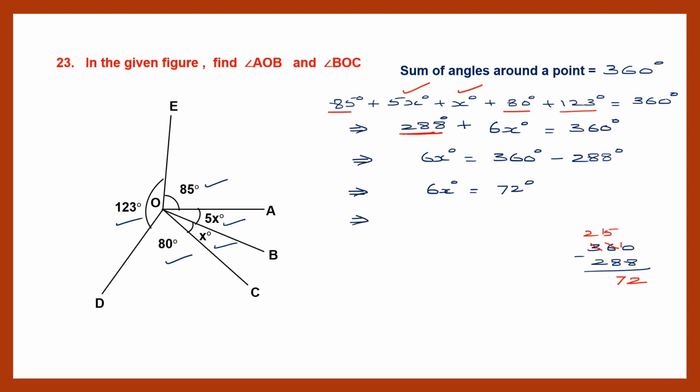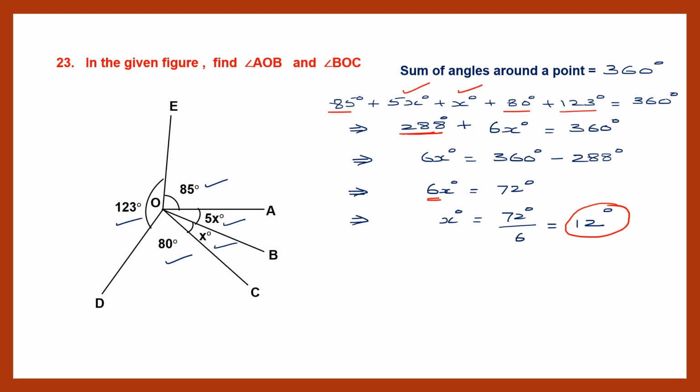That means the value of x degrees will be 72 degrees divided by 6, because we are transposing this 6 from the left hand side. It's multiplication. When it comes to the right, it becomes division. 72 divided by 6. 6 12s are 72. So we have found the value of x to be 12 degrees.